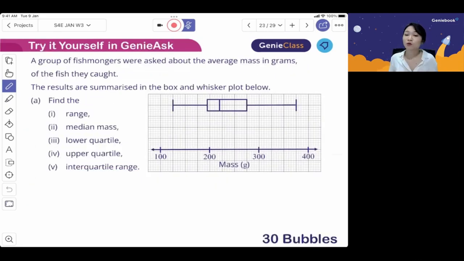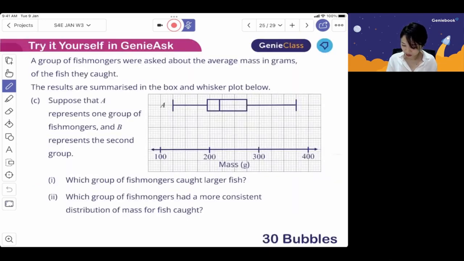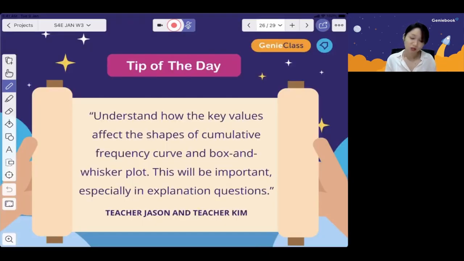Now there are a few bonus bubble questions that will be posted onto Genie Ask. This one is worth 30 bubbles, another 30 bubbles here, and another 30 bubbles. So altogether, it's 30, 30, 30, 90 bubbles. That will be posted onto Genie Ask for you to try on your own.